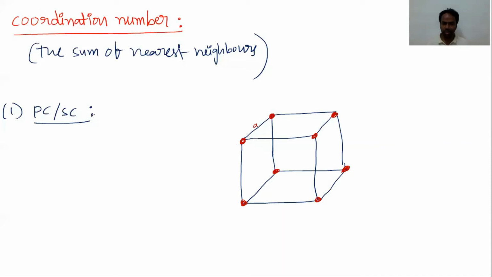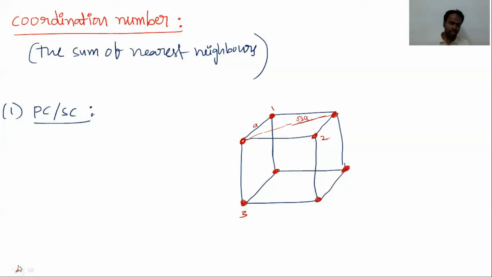From here to here, this distance is the face diagonal, so it is root 2 a. That is why the nearest neighbors are the lattice points along the edges: this is 1, this is 2, and this is 3. So these 3 are nearest neighbors.